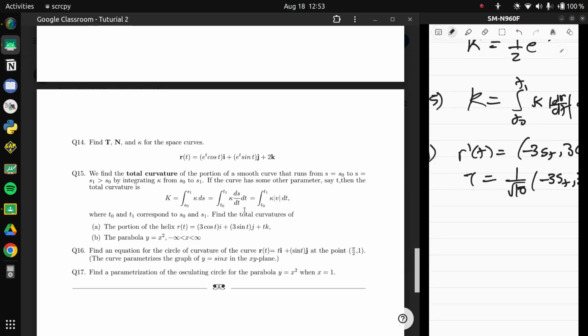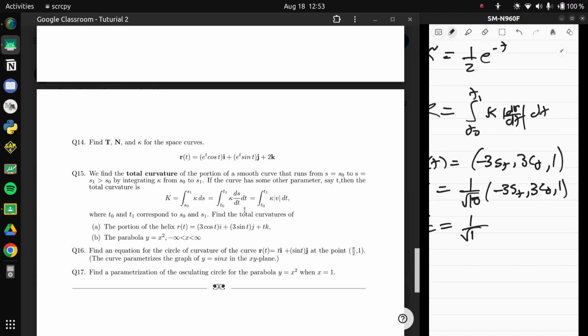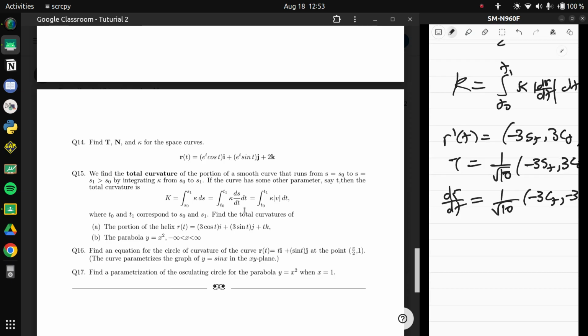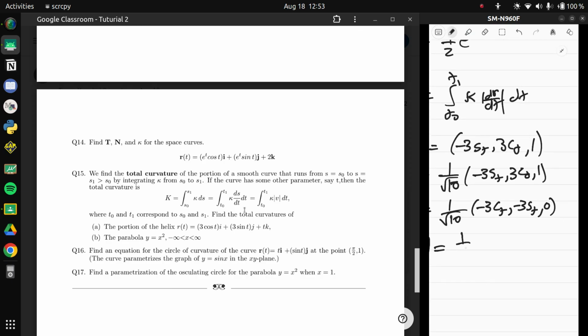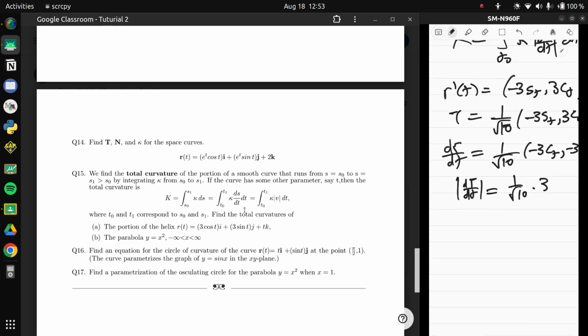I guess, yeah. So now what we want is the magnitude of this guy's derivative. Right.